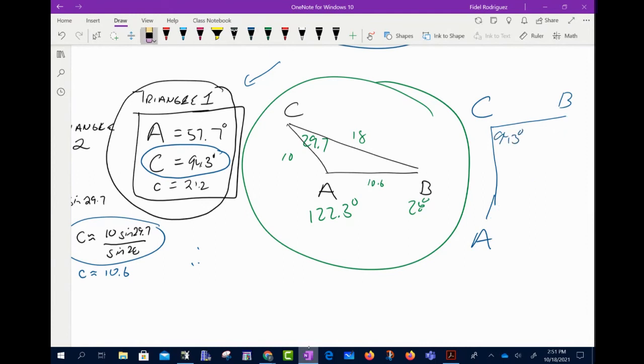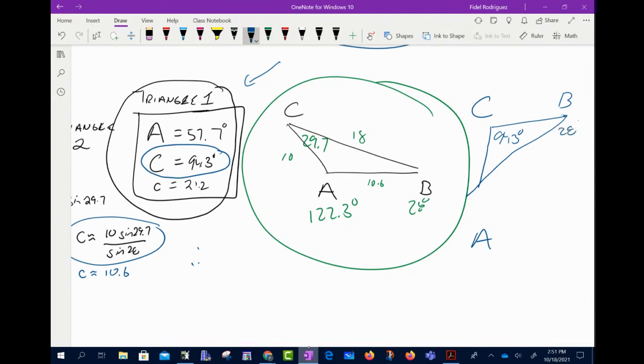So I might even fix this a little bit and maybe do something like, oh man, let me see if I can fix this a little bit better too. I want to make that angle real small. Yeah, something like that. That's even too big, but you kind of get what I'm trying to do. I'm trying to make my triangle look a little bit more rightish, or close to rightish.